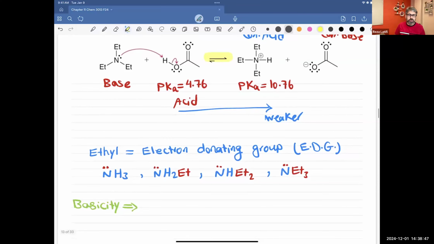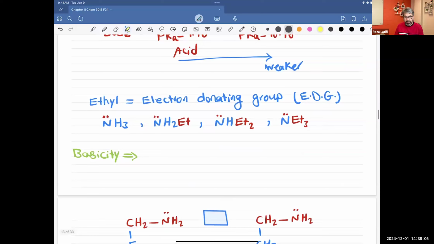Now, I have to remind you that ethyl or alkyl groups are electron donating groups. The more we have of them, the higher the electron density sitting on nitrogen, and so nitrogen will be a stronger base in acid-base reactions. For example, we have 4 molecules here. Starting from ammonia, I replaced H with ethyl, then 2 ethyls, and at the end, I got rid of all hydrogens and replaced them with 3 ethyls.